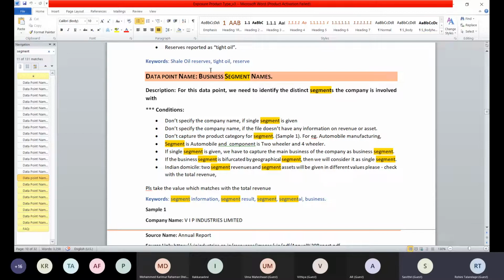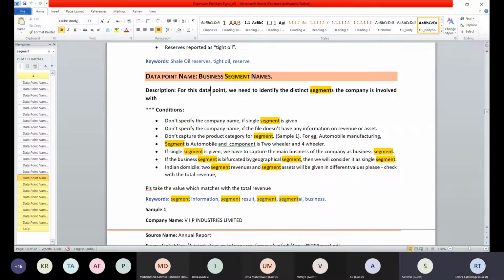Our first data point in this is to check which business the company is in. In screening we saw the same detail, but we marked it as yes, no, or not reported. But here we will be taking the whole detail.